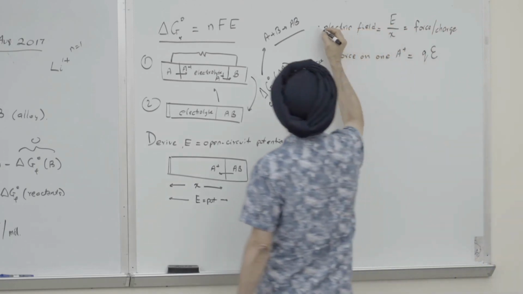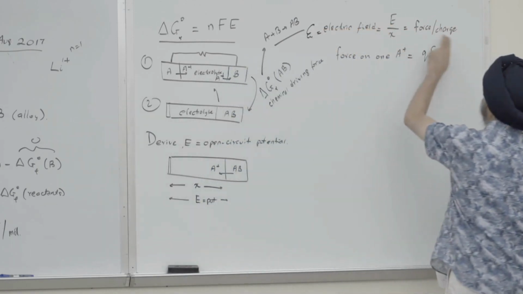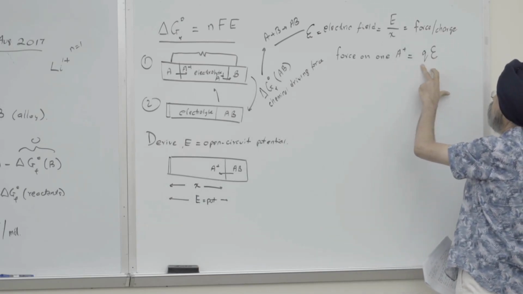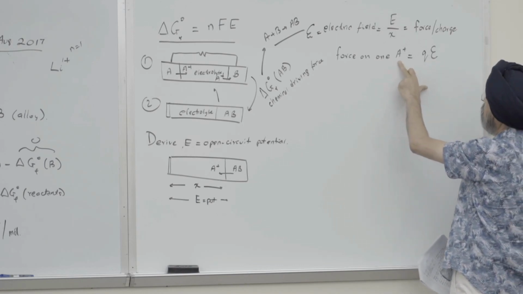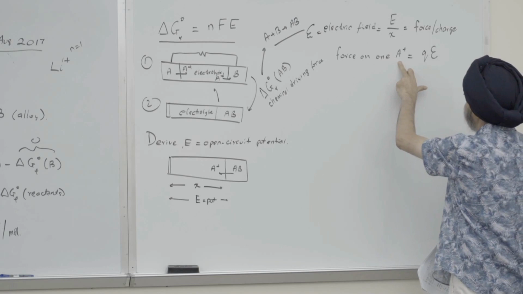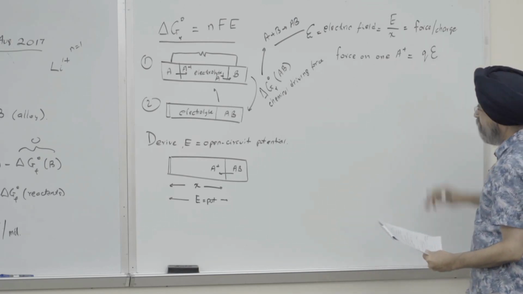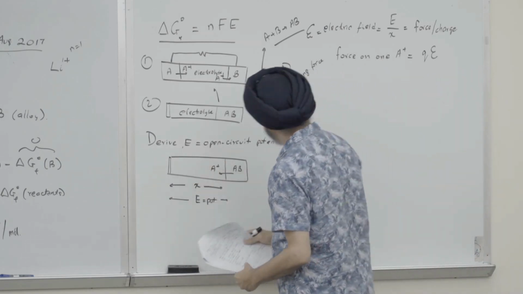The force on this charge will be the charge of one positive electron times the electric field. Now I'm moving this ion from here to there, distance x.